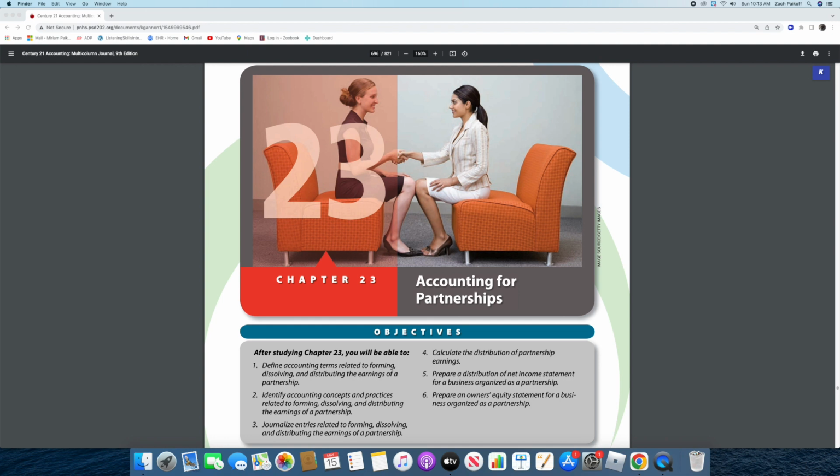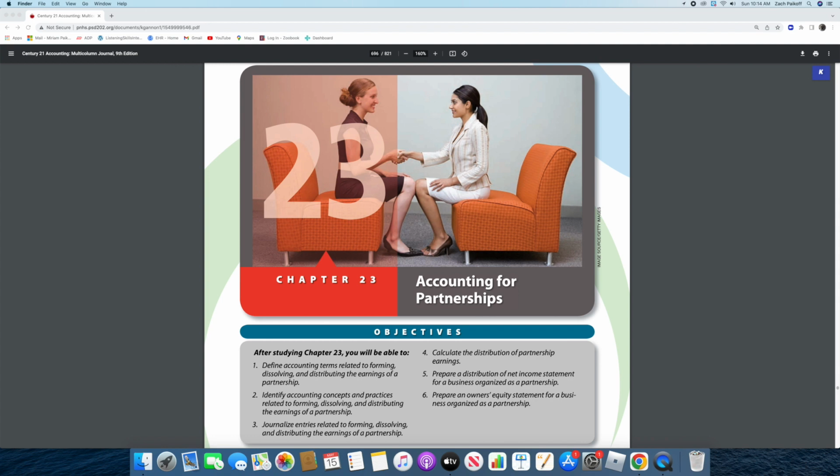In addition to that, we will also be learning about how to define accounting terms related to forming, dissolving, and distributing the earnings of a partnership, identify accounting concepts and practices related to forming, dissolving, and distributing the earnings of a partnership, journalize entries related to forming, dissolving, and distributing the earnings of a partnership, calculate the distribution of partnership earnings, prepare a distribution of net income statement for a business organized as a partnership, and finally, prepare an owner's equity statement for a business organized as a partnership.